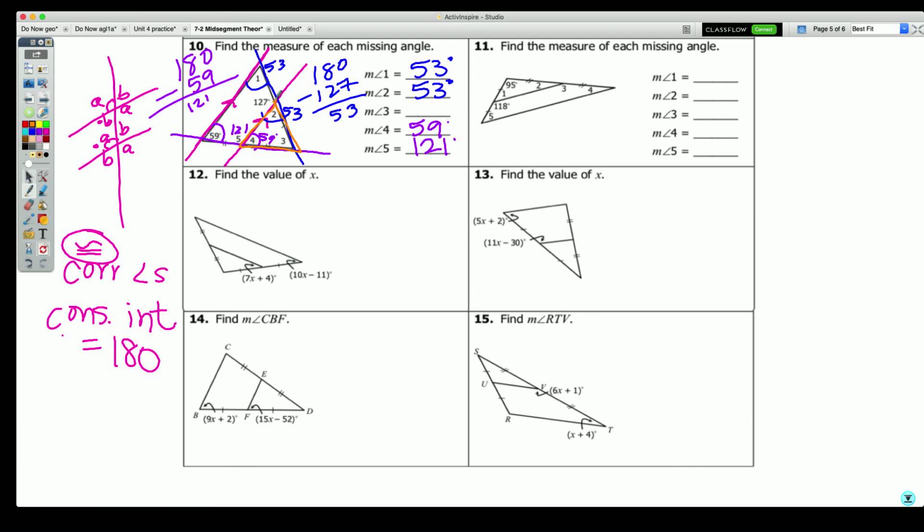Okay. Good. Add up these 2 angles and subtract them from 180. Angle 3 is what?